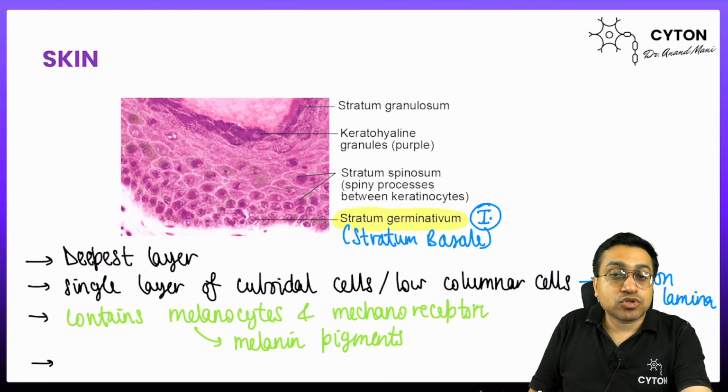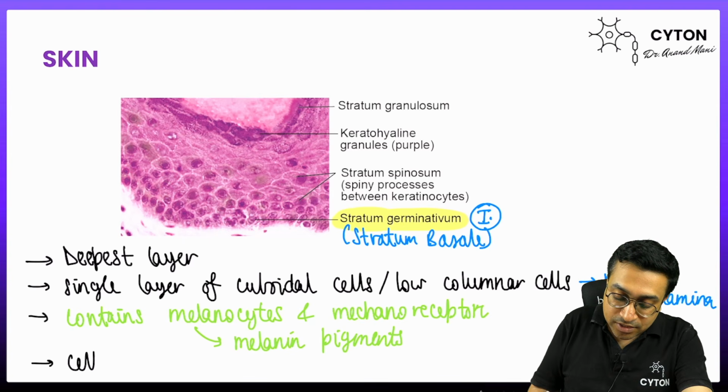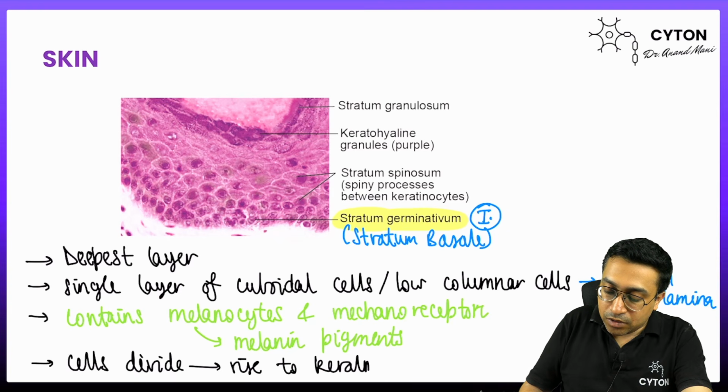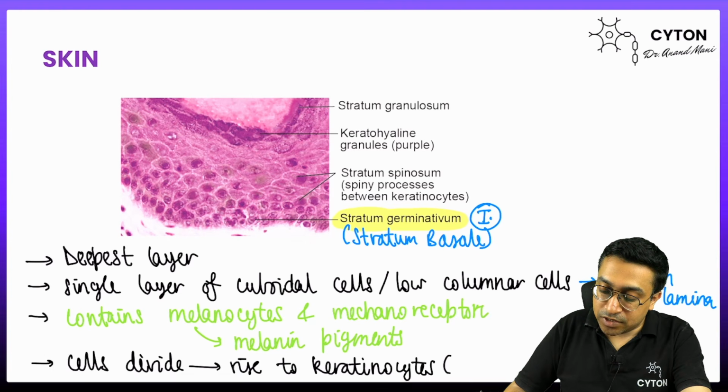Okay, so stratum basale is actually doing this only, that this layer of cells is dividing to give rise to keratinocytes, which are the cells of the skin.